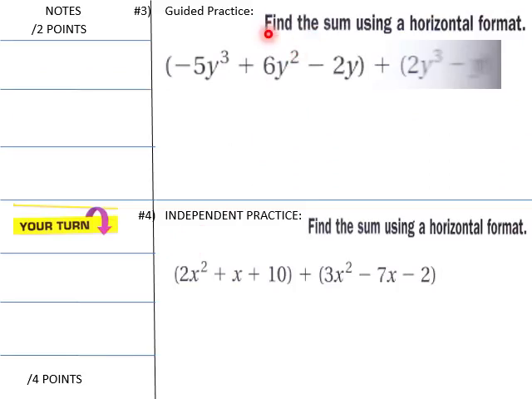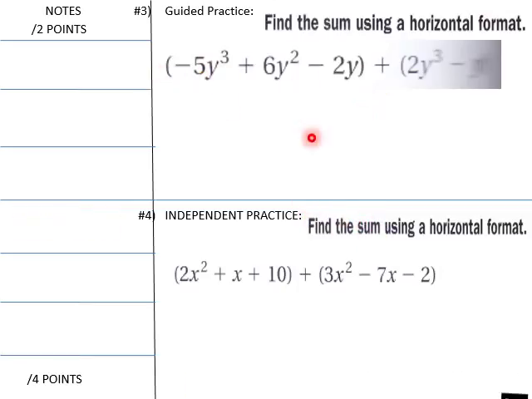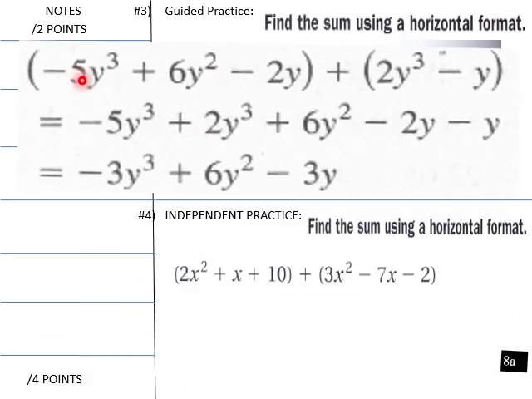Okay, so find the sum using the horizontal format. This is 2y cubed minus y here. This is a y, I know it's kind of shaded in, but that's minus y. And then students, this is yours down here using the horizontal format. So pay attention, students, to how we do this one up here. This is our original problem.